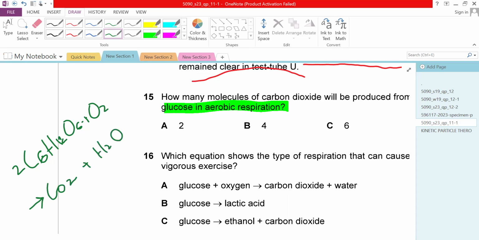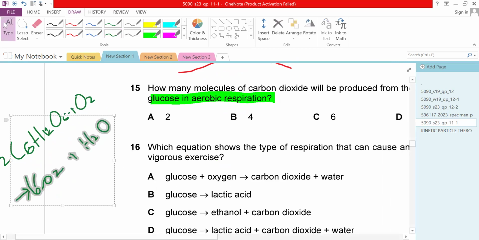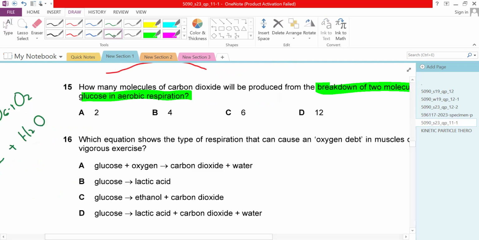So here 2 times 6 is 12. Here we will have 6. So in total, you can easily see that 12 molecules of carbon dioxide are produced.